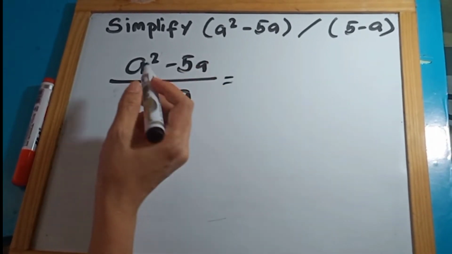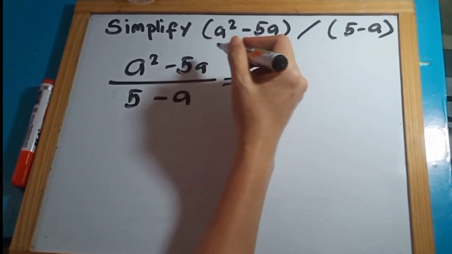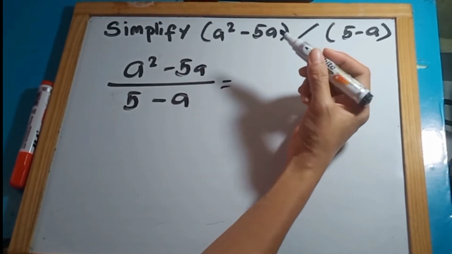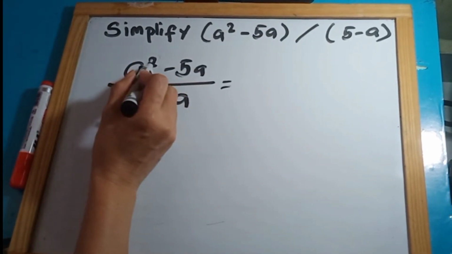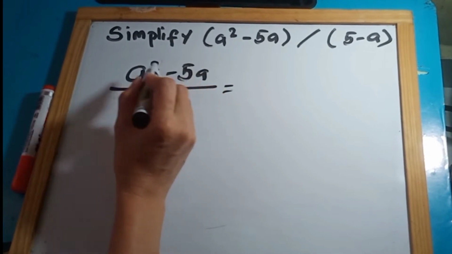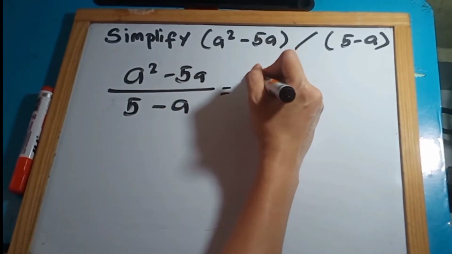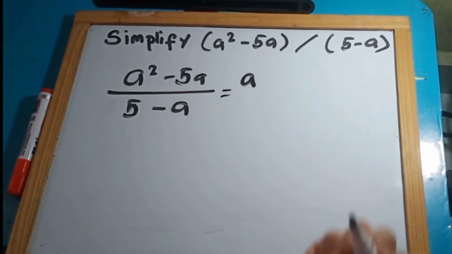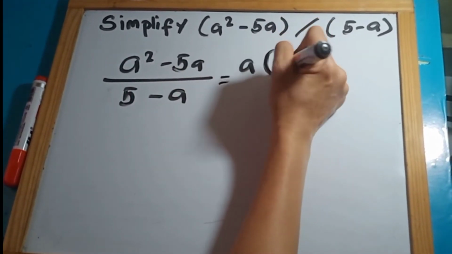So, let's have the numerator first. So, for the numerator, what is the common factor? So, yung first term natin is a squared. Second term natin is negative 5a. So, pareho silang may a. Therefore, our common factor is a. So, what's next?